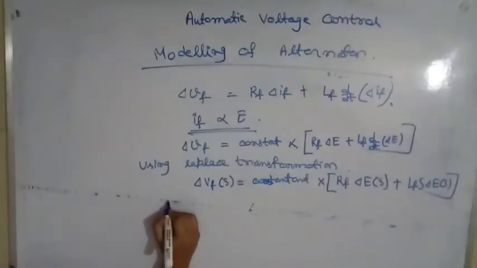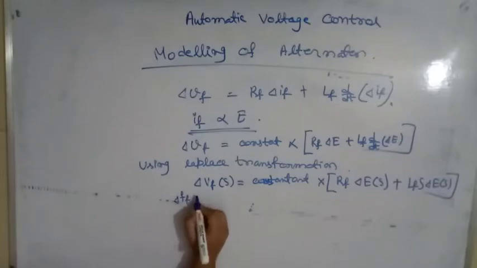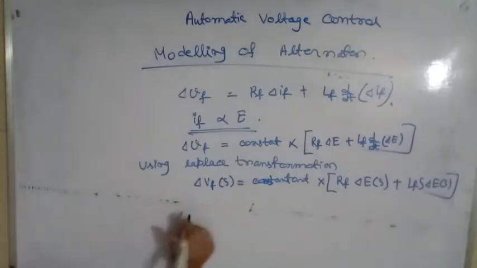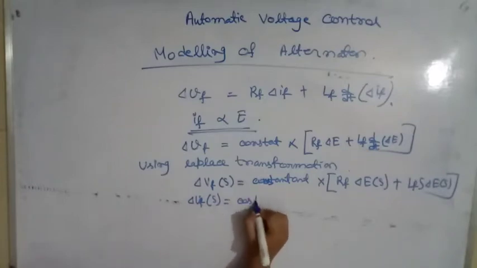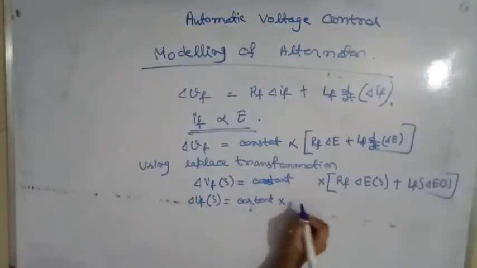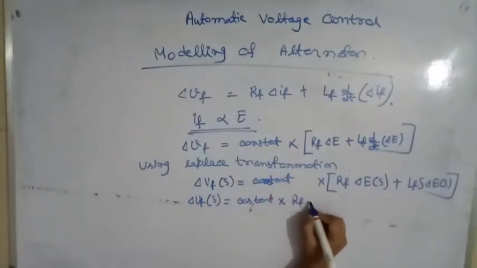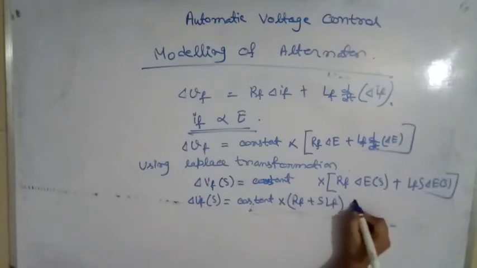So delta VF(s) equals a constant into (RF plus s LF) into delta E(s).